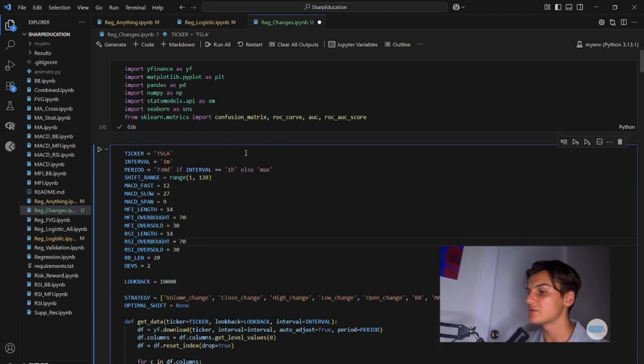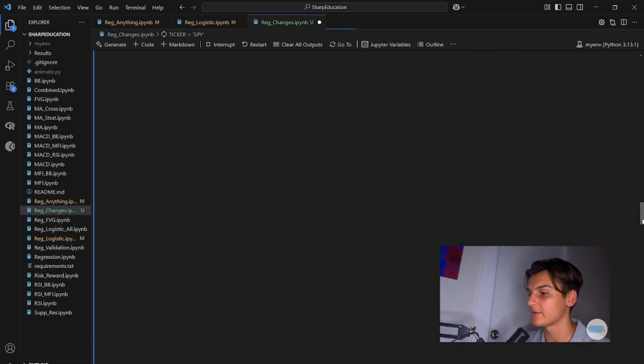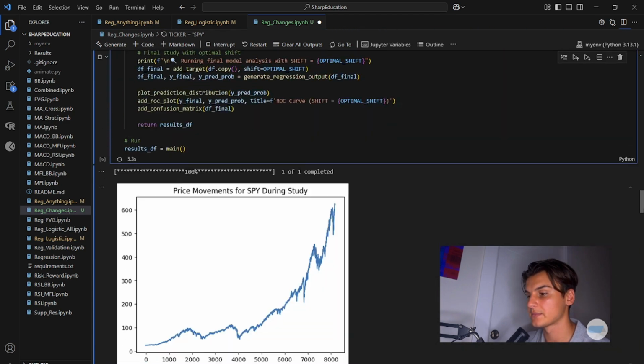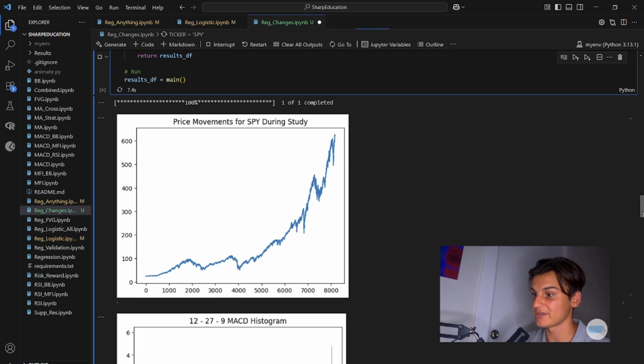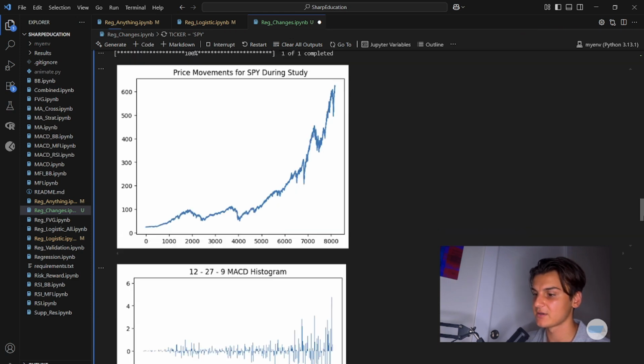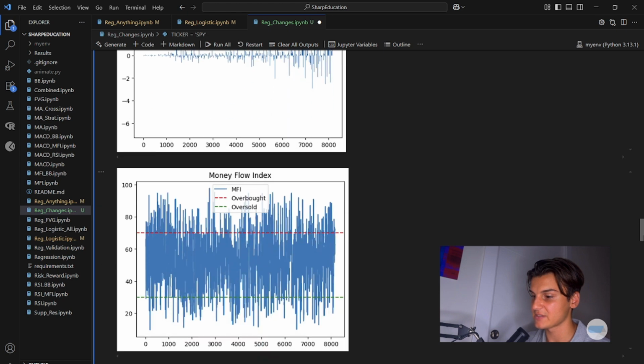So what happens when we use the S&P 500 daily, SPY, and then we do 1 day with all of this information, open, high, low, close, change, MACD, relative strength index, and money flow index, everything. Prices generally go up, so that creates a bias. MACD histogram looks like this.